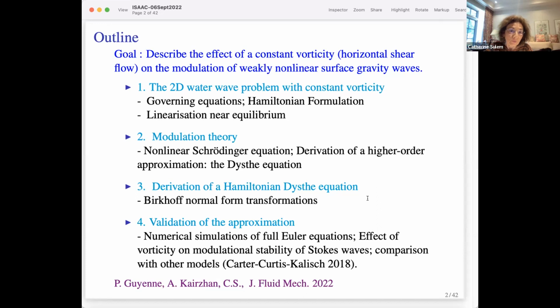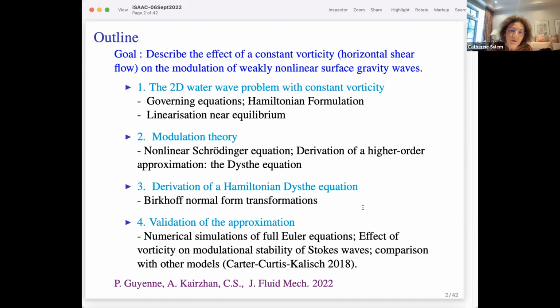We use the full Euler system, giving us approximate numerical solutions, and compare with the approximate solution through this modulated theory. We also confirm several observations concerning the effect of vorticity on modulational stability of Stokes waves.